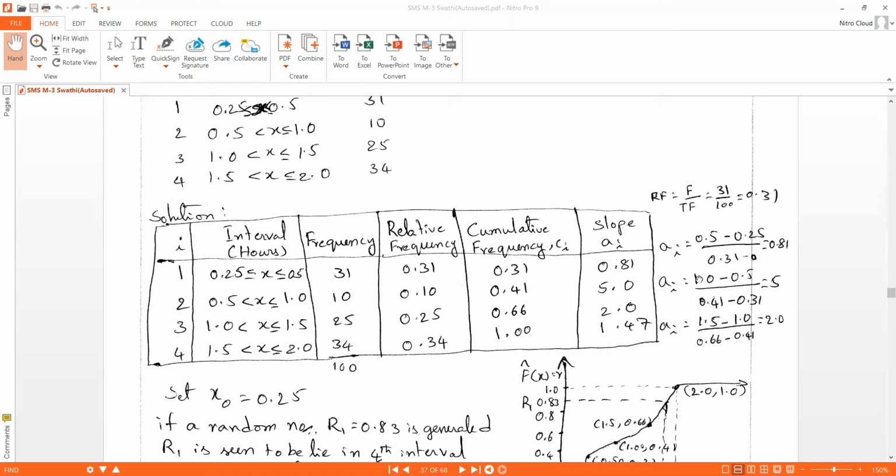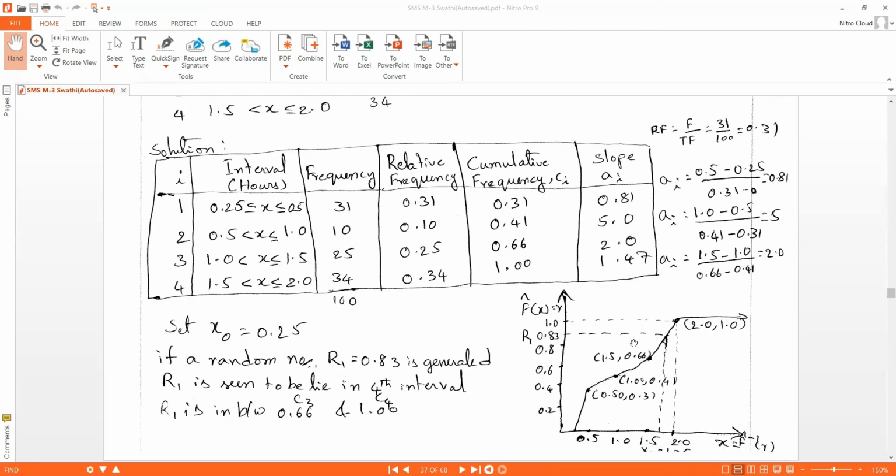So we write 1.0 minus 0.5 divided by 0.41 minus 0.31, and we will get 5. Like that we find it when i equal to 3, and we get the slope as 2.0. When i equal to 4, if we calculate, we get the slope as 1.47.